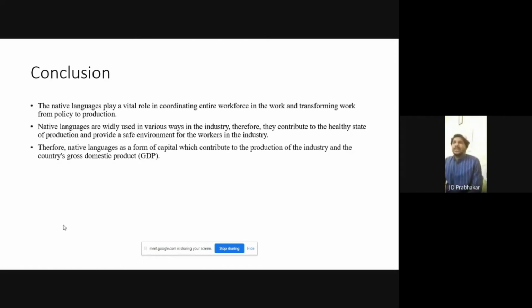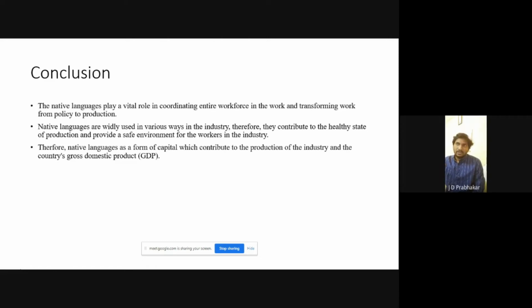And therefore, native languages are a form of capital which contributes to production of the website, production of the industry and the country's gross domestic product. So this company, especially the coal mine industry, which is located in Telangana state, actually contributes 8% to the Indian GDP.